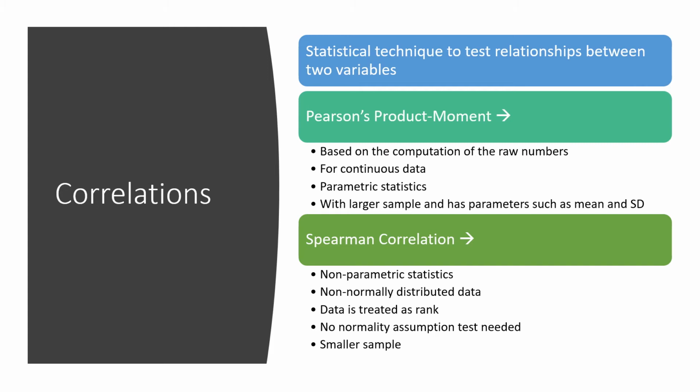But the Spearman correlation is a type of non-parametric statistic. It's used for non-normally distributed data. And here, instead of being treated as continuous data, the data is treated as ranked.